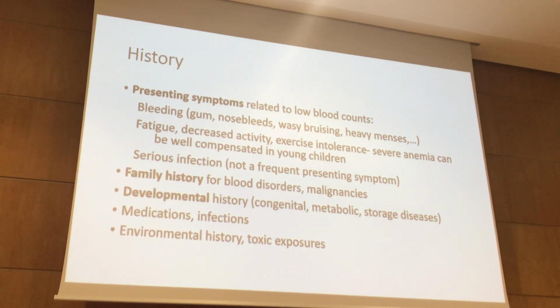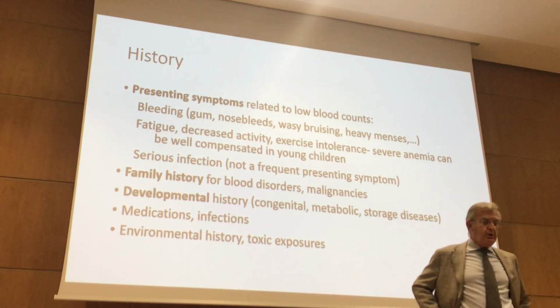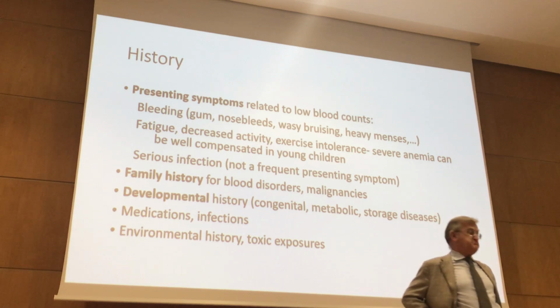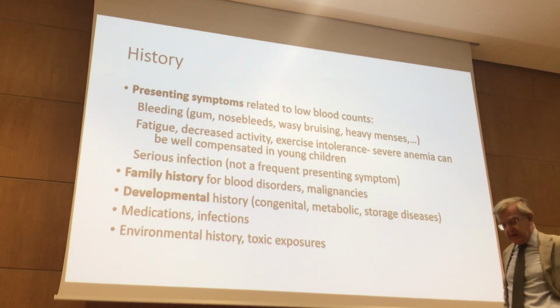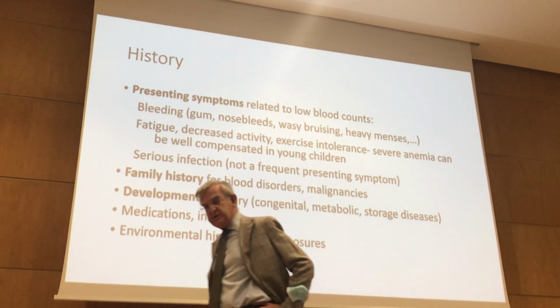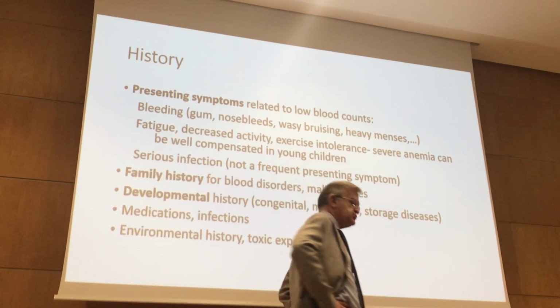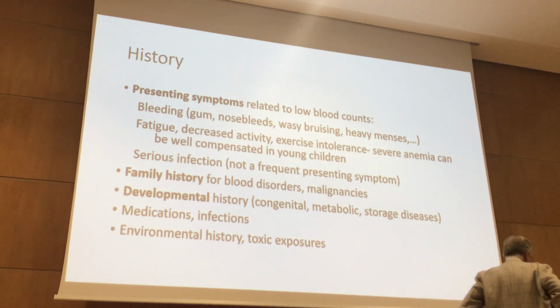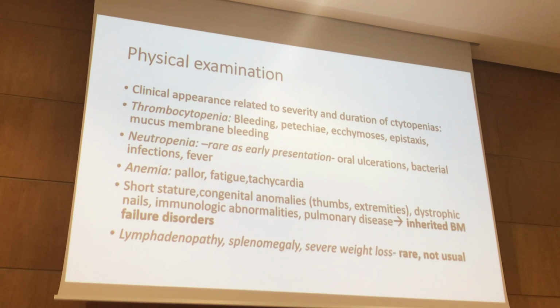Environmental history, such as exposure to toxic agents: where the patient is working, what is his occupation, has he been exposed to any chemical agents such as benzene, or some drugs, or there may be a case that they had some fumigation for insects in the home environment. So insecticides can be the cause of such a disorder. You should take a very detailed history. Do not omit anything in the history.